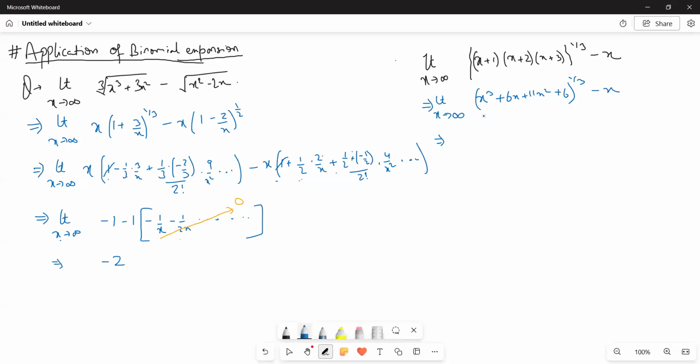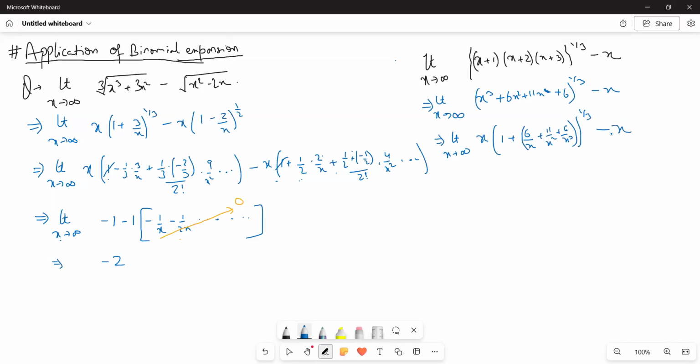Here, as we did earlier, we take the highest power of x common from the root term. So limit x tending to infinity, x into 1 plus 6 by x plus 11 by x square plus 6 by x cube, and then whole to the power 1/3.